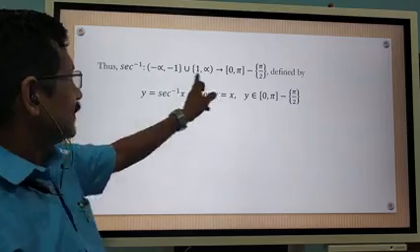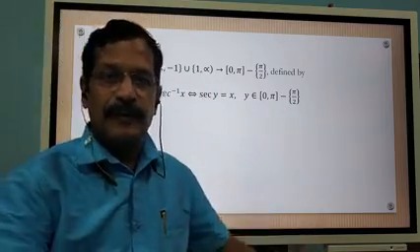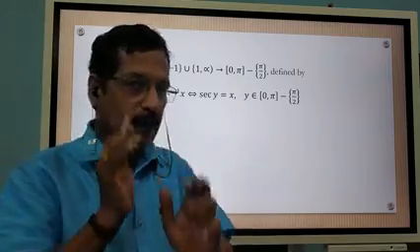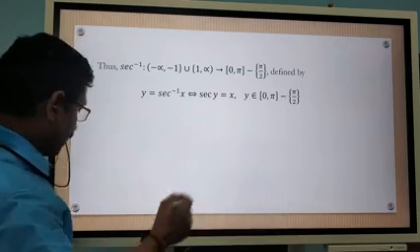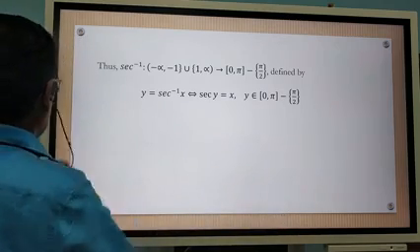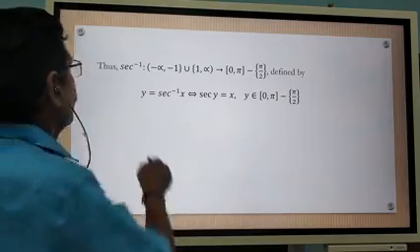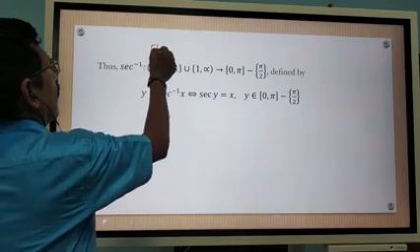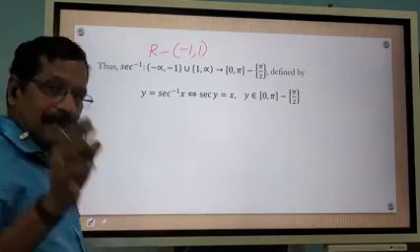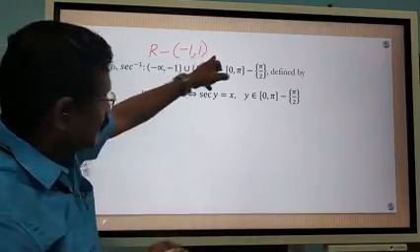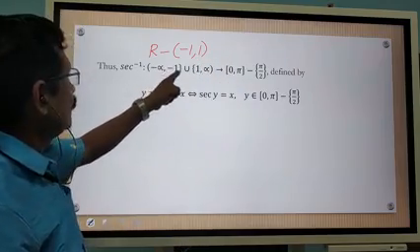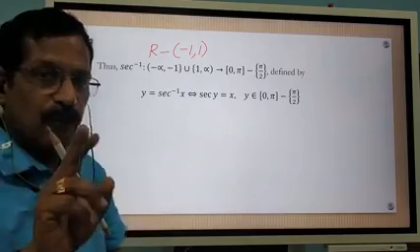Dear children, this is another way of representing R minus the open interval minus 1, 1. When we were discussing the graph, we wrote R minus the open interval minus 1, 1. The same set can be written as minus infinity to minus 1 union 1 to infinity.